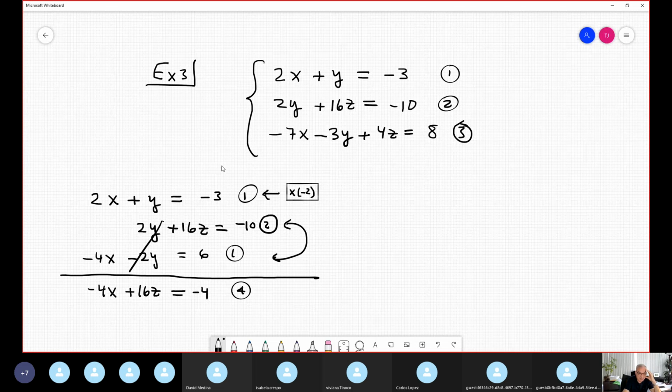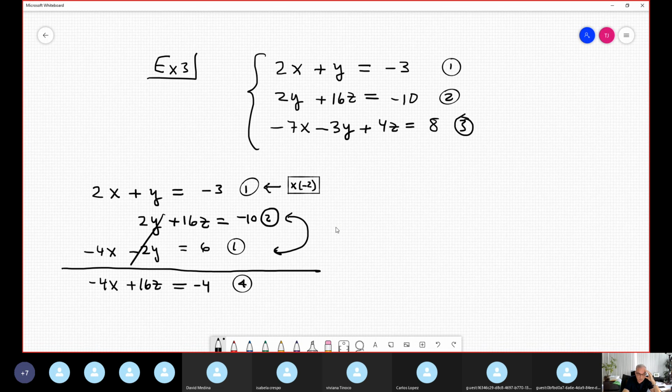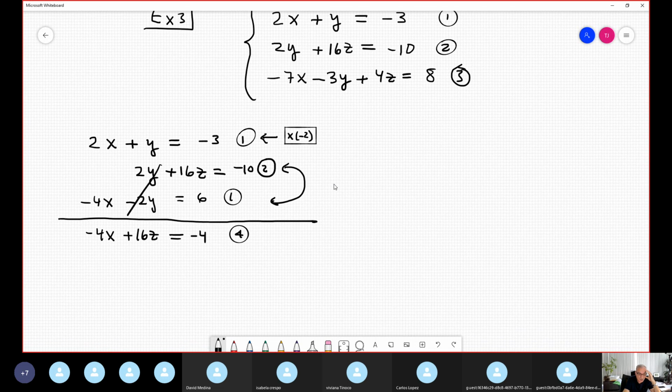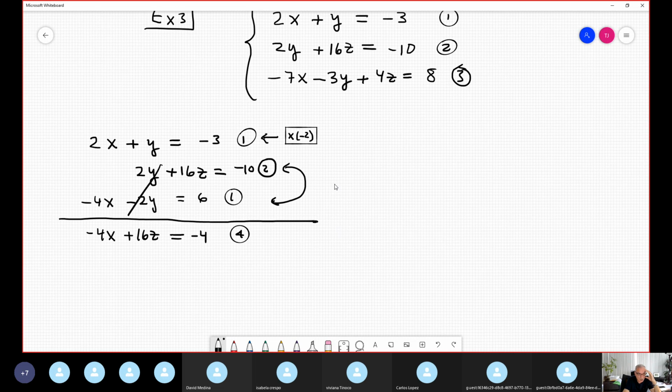Okay, one possibility you always have is, you see, wow, I don't like that number, right? Suppose I perform that operation. You divide this entire equation, no multiplication, divide by negative 4.